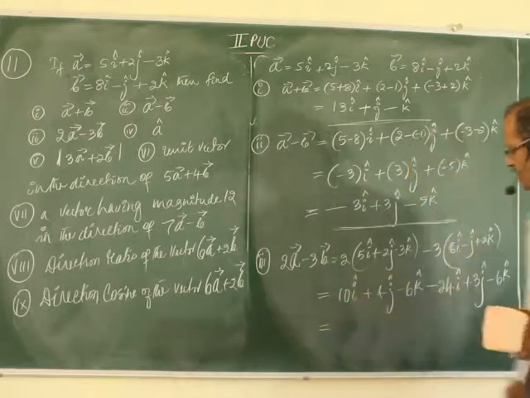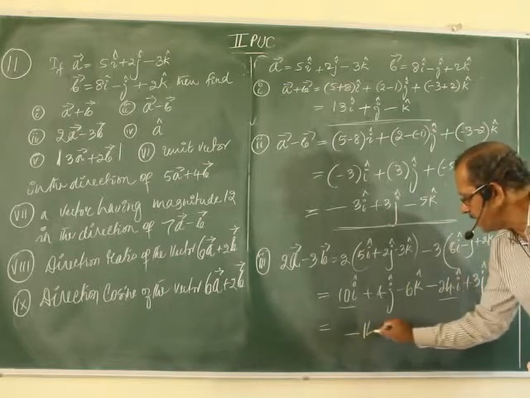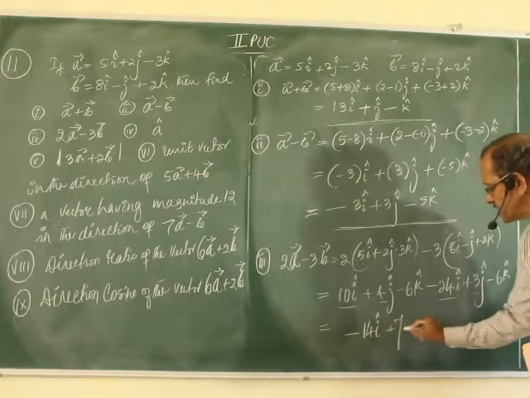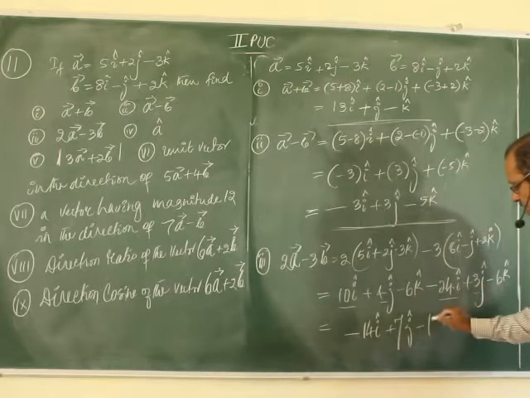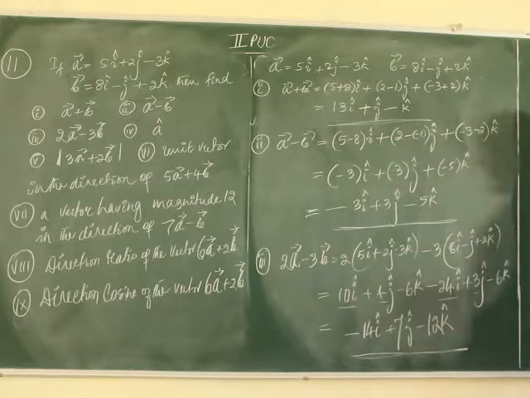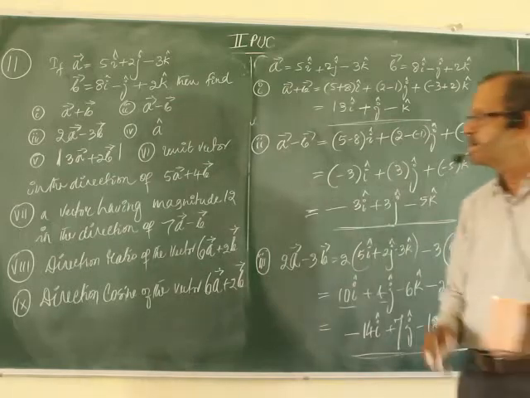Final answer is 10i minus 24i, minus 14i; 4j plus 3j, 7j; minus 6 minus 6, minus 12k. Minus 14i plus 7j minus 12k is 2a minus 3b vector.